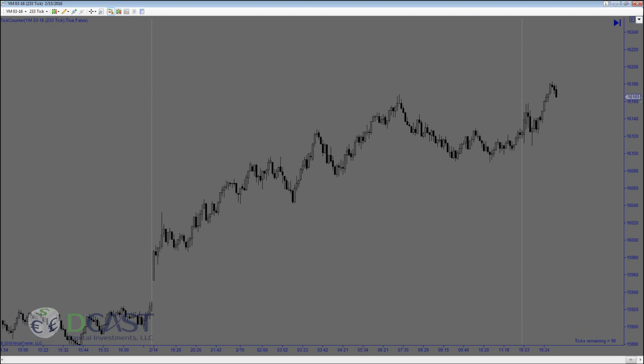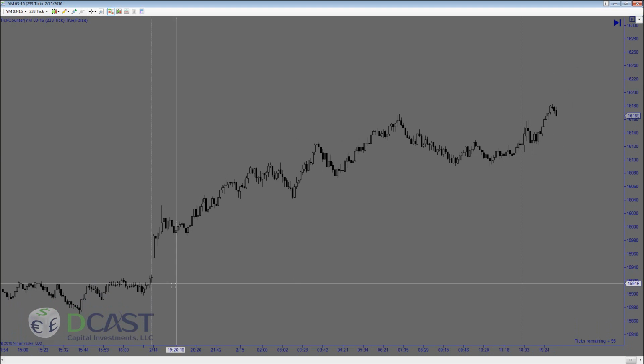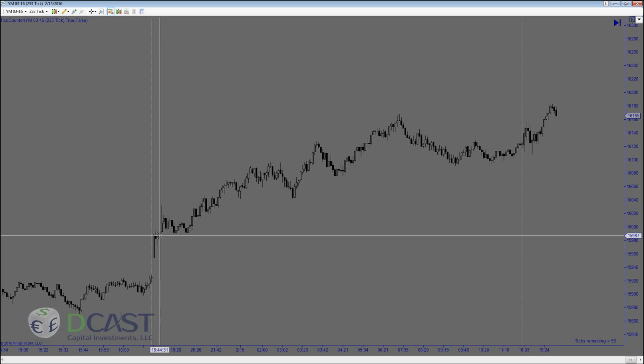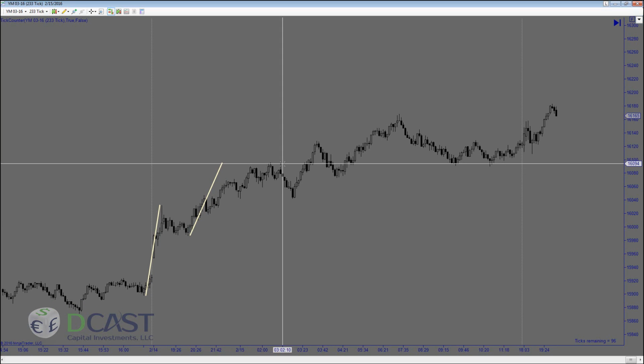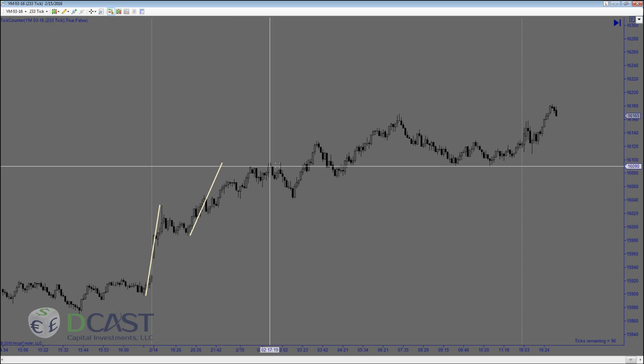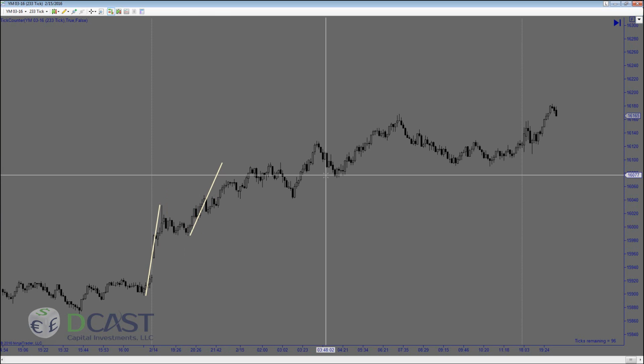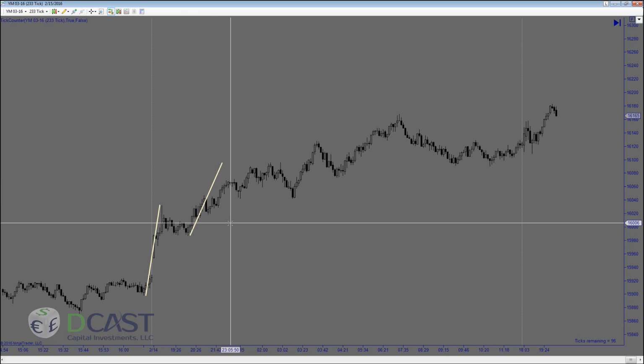Okay, so here we have clear points that we could use to project price forward. That's why I like to use the crosshairs, because I can draw a line with any angle I want and still achieve the height that I want without having to draw really flat lines when price is a little flat like this.